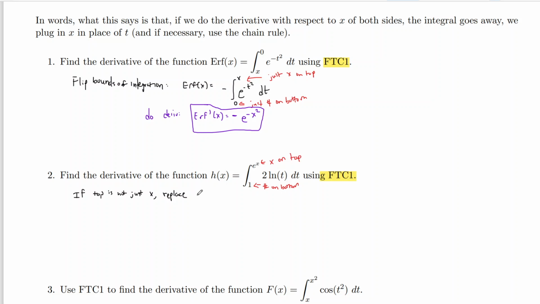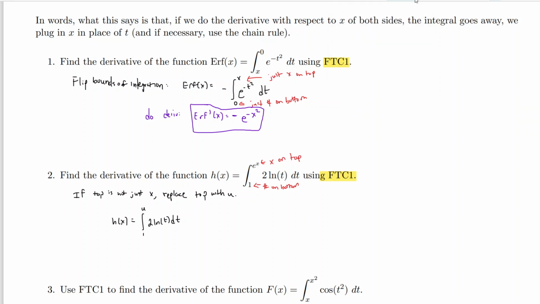You replace the top with just the letter U. You can use any letter you want as long as it's not used in the problem. U is the typical one. So we replace the top with U. And so we have h of x equals the integral from 1 to u of 2 times the natural log of t dt.